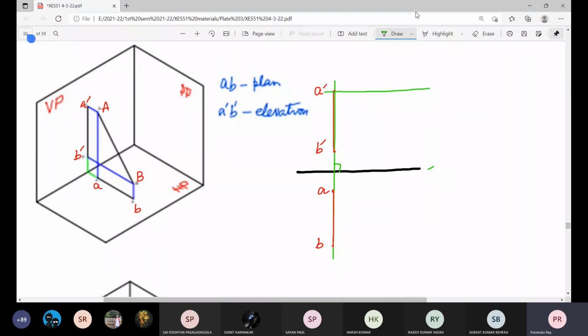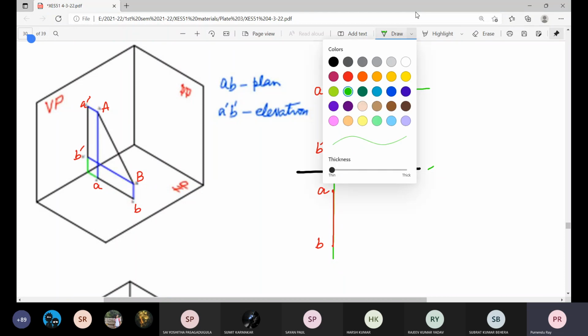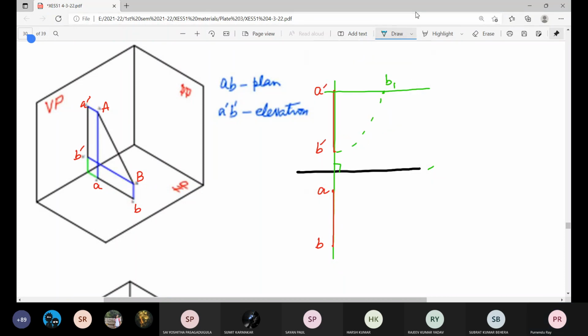Make this elevation parallel to GL. What will be the corresponding plan? Simply drop a perpendicular. So plan B1 is there on this line, and it will be satisfying this relative distance here. So this is the location for B1.